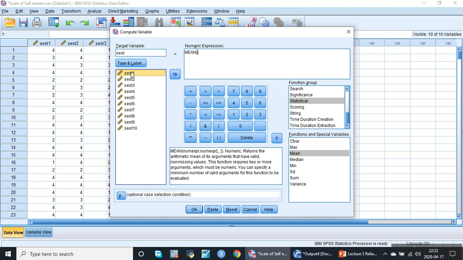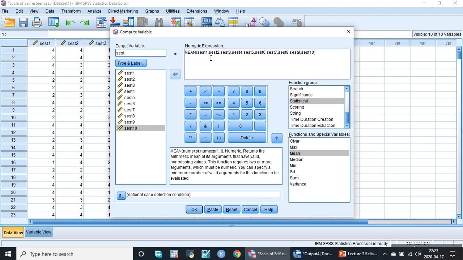Double click on question 1, it will shift to the numeric expression, then put a comma, click on question 2, shift it to the numeric expression, then question 3, comma, question 4, comma, shift question 5, comma, shift question 6, comma, shift question 7, comma, shift question 8, comma, shift question 9, comma, and shift question 10.